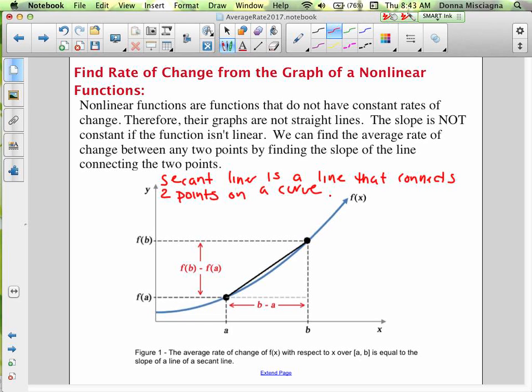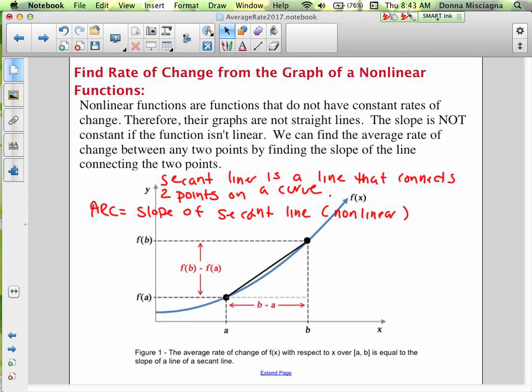So we're finding the slope of a secant line when it's nonlinear. So average rate of change is the slope of the secant line for nonlinear. And I'll leave that up for a second so you can write that down.